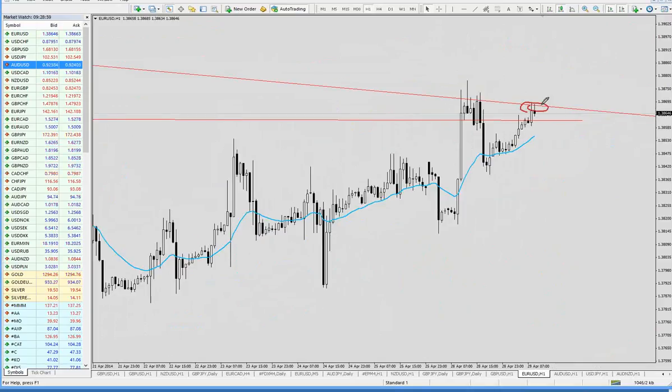So the line here could be the selling area. It's a supply zone, right? Where we are right now, it's a supply zone.